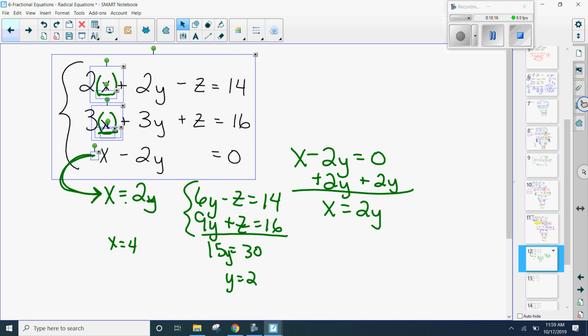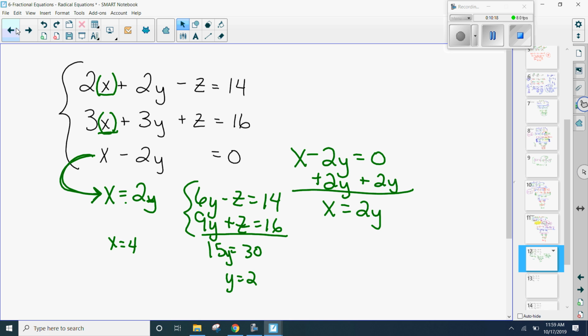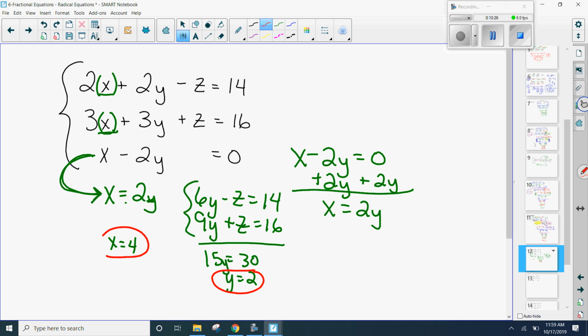So coming back to this problem right here, here's what happens. We found out what y is equal to, and what x is equal to. And now I could put it into one of the two equations. If I put it in the top equation, if x is 4, you get 4 times 2, which is 8.